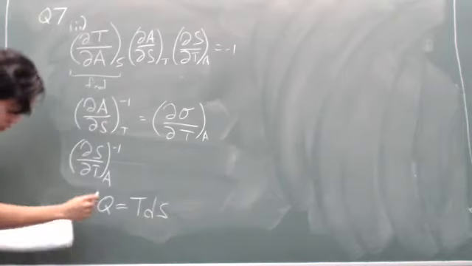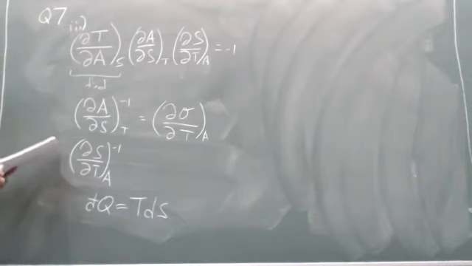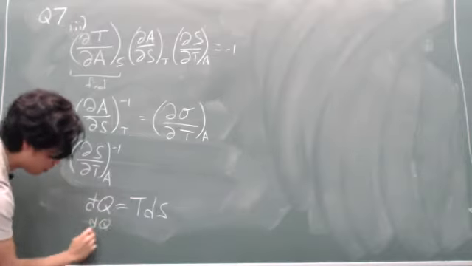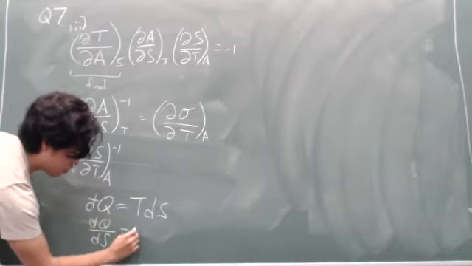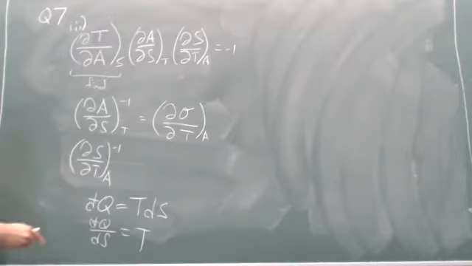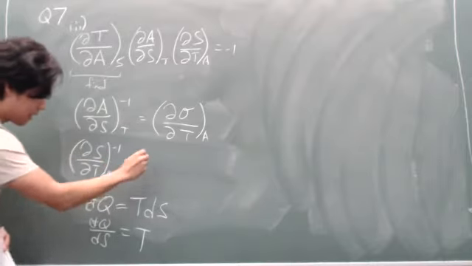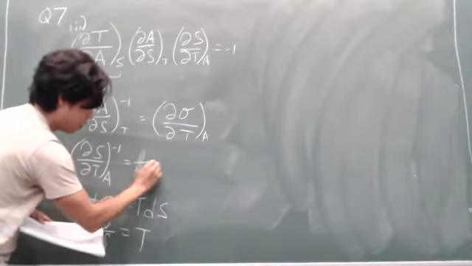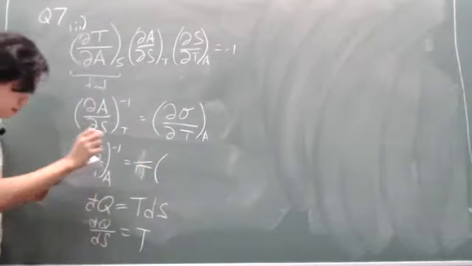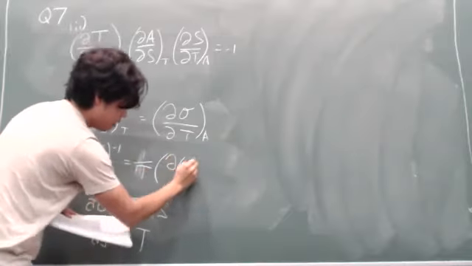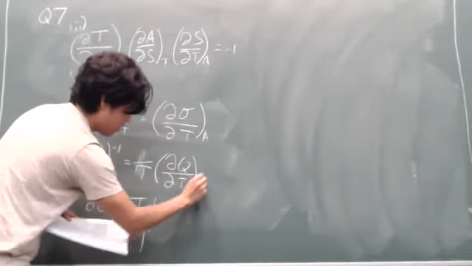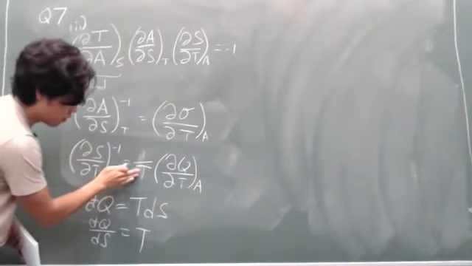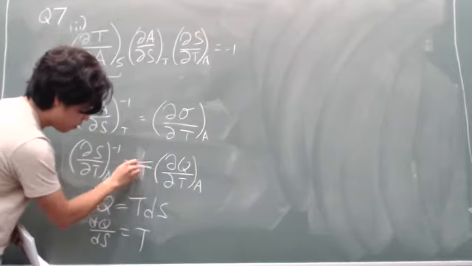And so for dS/dT, you can think about this as a chain rule: dQ/dS is equal to T. So rather than dS/dT, you get 1 over T times dQ/dT at constant A. Sorry, it's all smudgy, there's a T here.